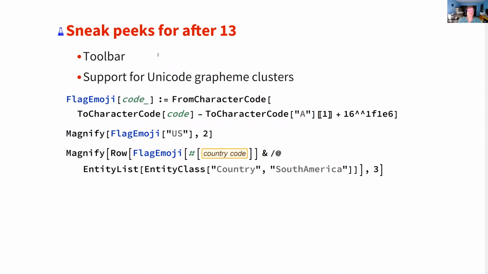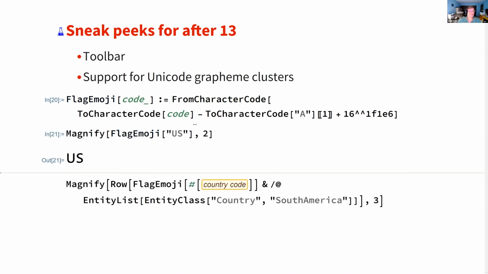We were very close to getting full Unicode grapheme cluster support. Basically what this means is, the way Unicode represents some characters, they're not just a single code, they're multiple codes. Here's one of the more amusing examples, flags. Oops, I should have tested this under Windows.